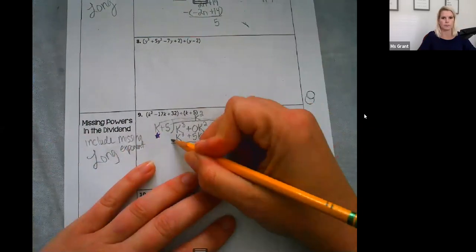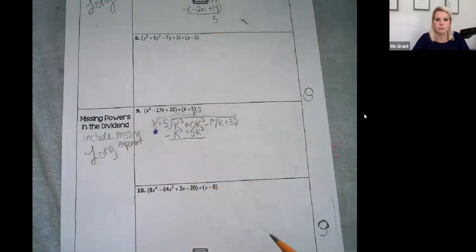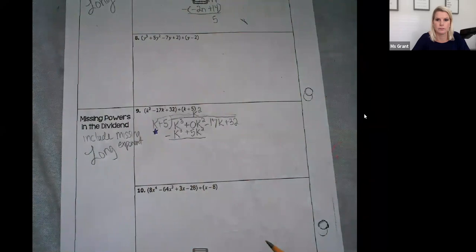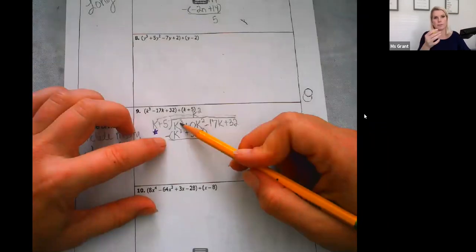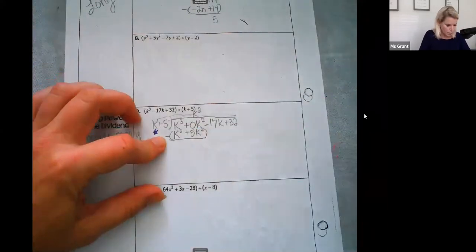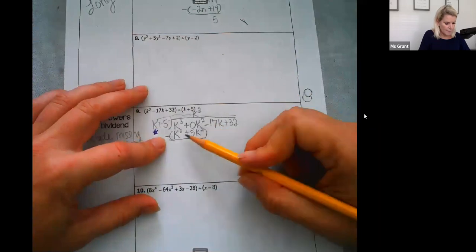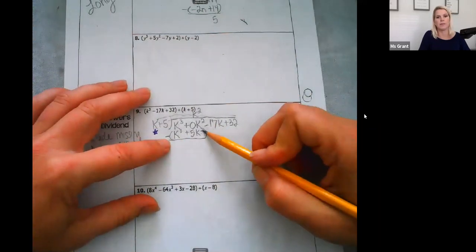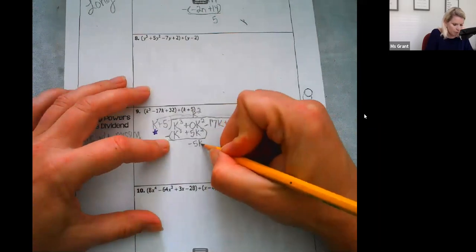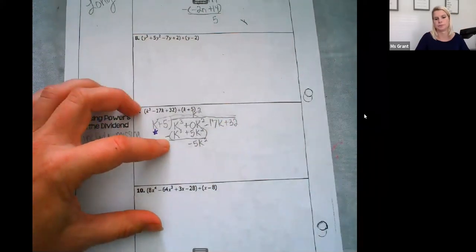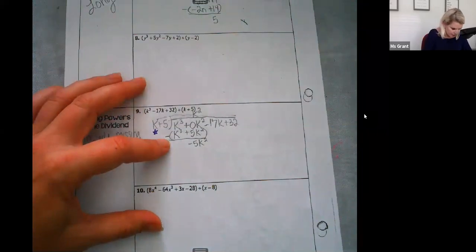Subtract. K cubed minus k cubed, 0. Easy. 0k squared minus 5k squared. 0 minus 5, negative 5k squared. I'm going to bring down this negative 17.